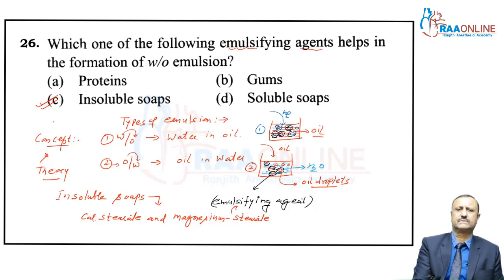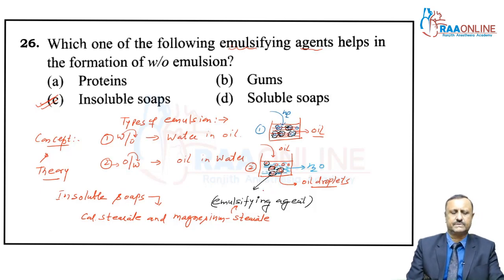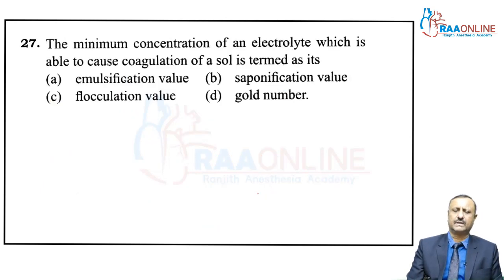So, my dear students, your answer is insoluble soap, and this is the concept and theory of types of emulsion, and the emulsifying agents. Now, my dear students, we see question number 27. The minimum concentration of an electrolyte which is able to cause coagulation of a sol is termed as?